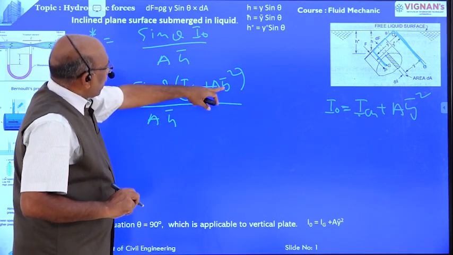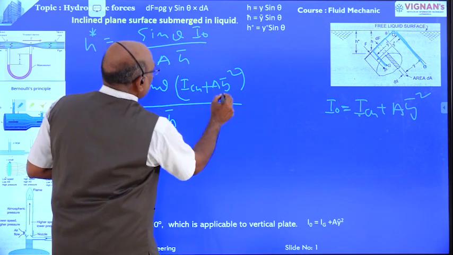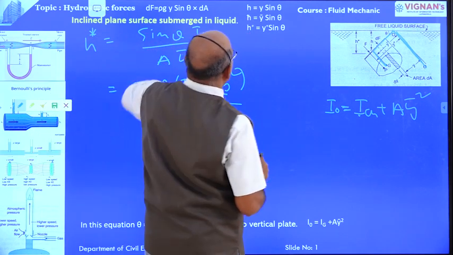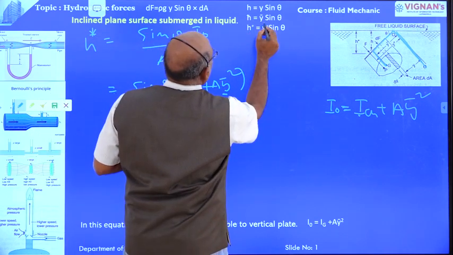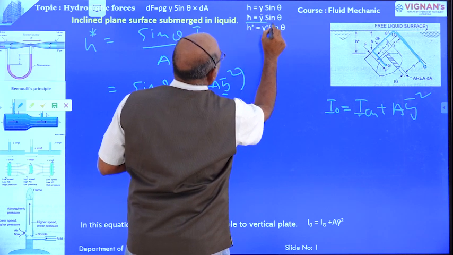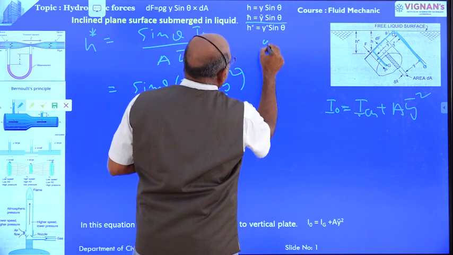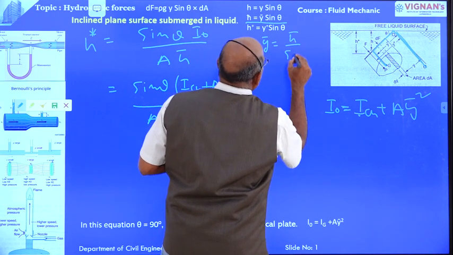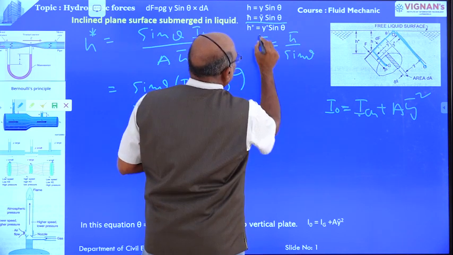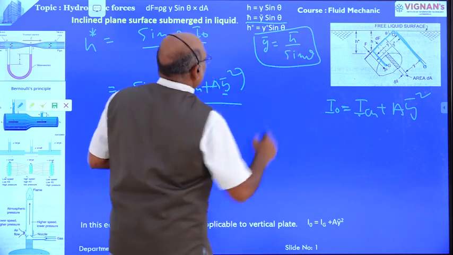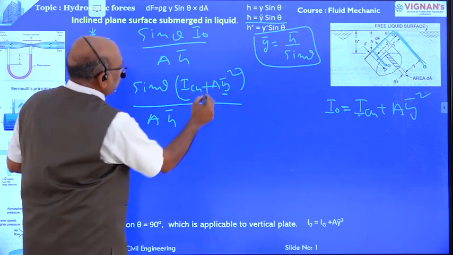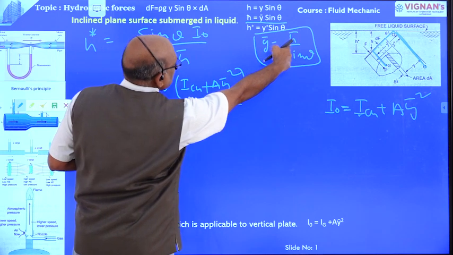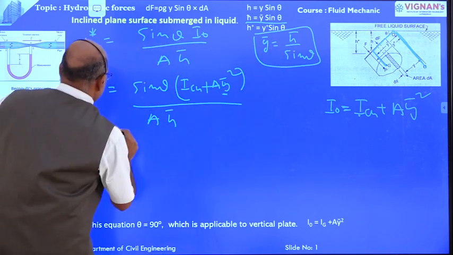Now, y bar is also nothing but, from the equation h bar equal to y bar sine theta, y bar equal to h bar divided by sine theta. In place of y bar, we take h bar divided by sine theta.